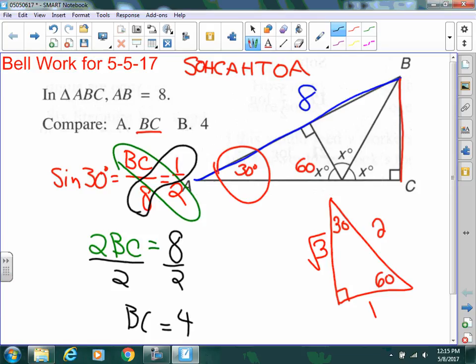So if you're asking me to compare A, which is BC, and B, which is 4, I would say that A equals B. In other words, BC equals 4. So if we're comparing them, the answer is they're equal.